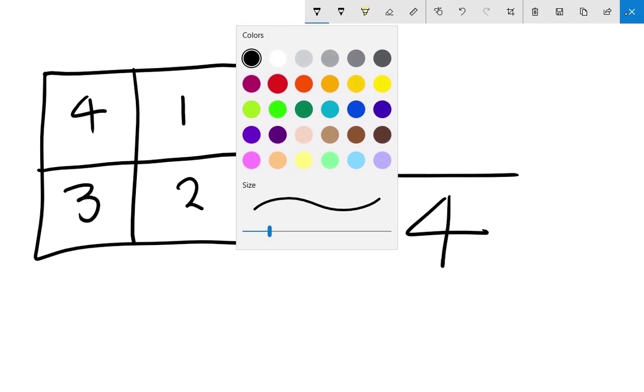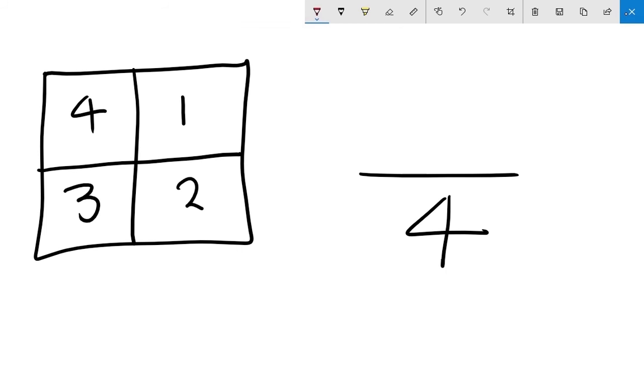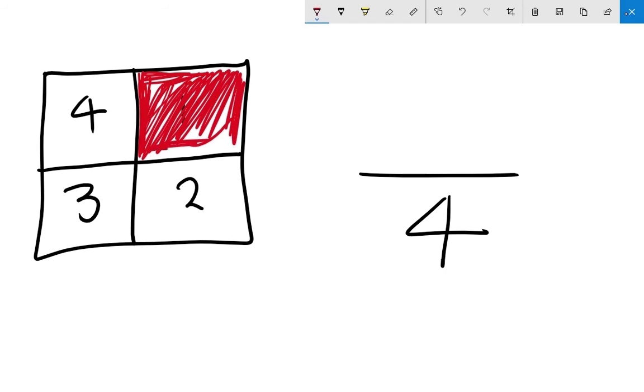Let's take, for instance, one part is shaded. We have 1 part shaded out of the 4 parts of the box. That makes the fraction 1 over 4, because 1 part is shaded.